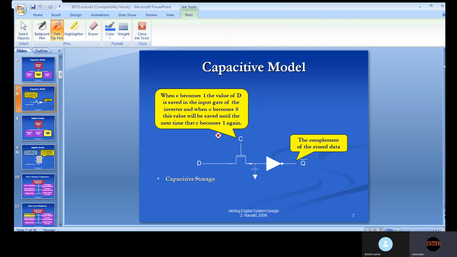So whenever C is equal to 1, what happens? It will act like a closed switch, and whatever the data is there, the data will come here.